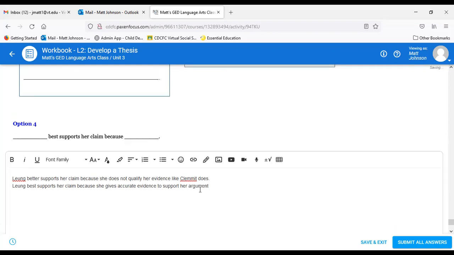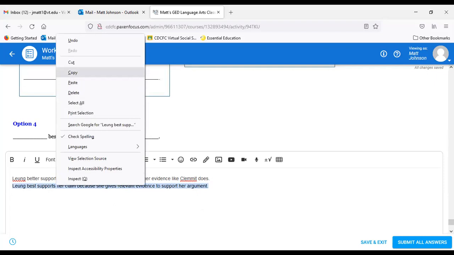The other thing I would suggest, just the one word, instead of accurate, I would put relevant. Okay, relevant. A word that we use a lot, right? Relevant evidence to support her claim, her argument. Okay. Or no, I mean, that's good. That kind of says a lot, it's really addressing the same idea. Okay. And I'll go ahead and copy and paste that one too.